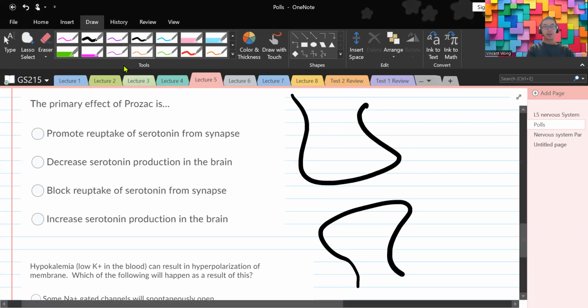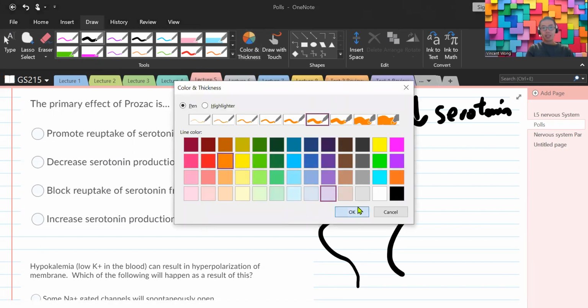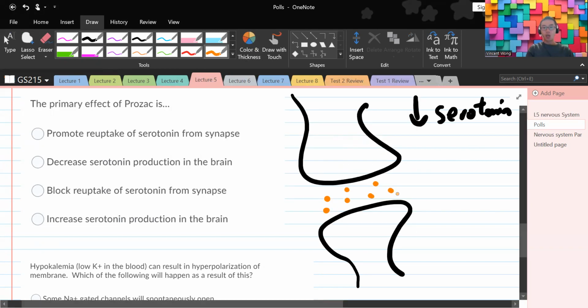Except in this case, because clinical depression is caused by low serotonin, okay, you actually want the serotonin to hang around in the synaptic cleft for longer than it normally would, okay? Again, the problem is you don't have enough serotonin, so you want it to hang around longer and exert its positive effect, okay?